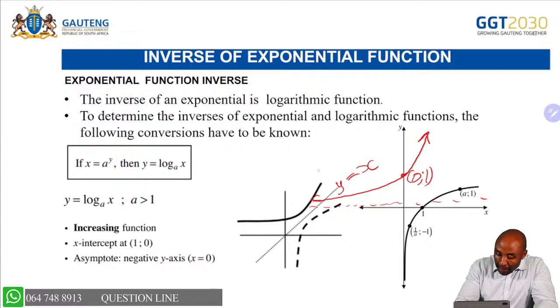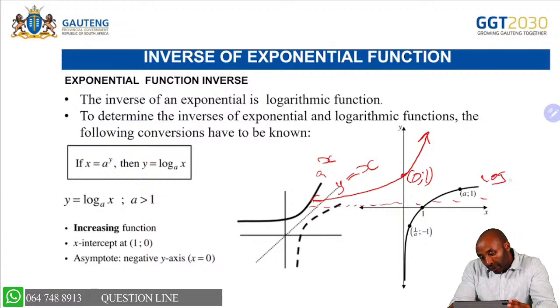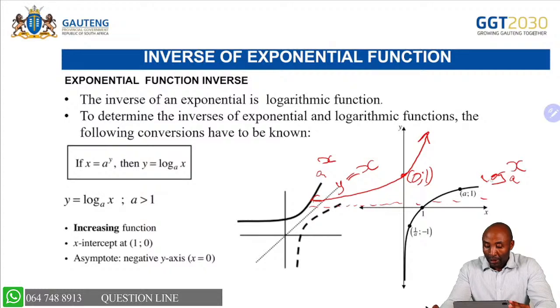I can say this is our a to the power of x, and the other one is the logarithm of x to base a. So that is the inverse function. And we know that the y-axis becomes our asymptote for the inverse function. This is going to help us a lot in determining our restrictions whenever we are dealing with our functions.